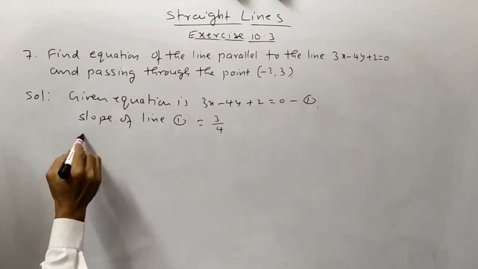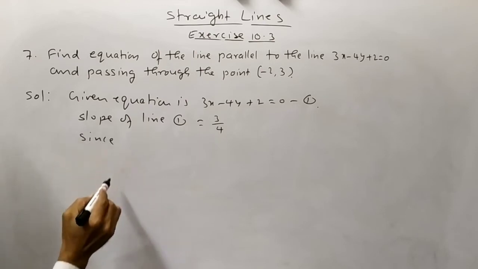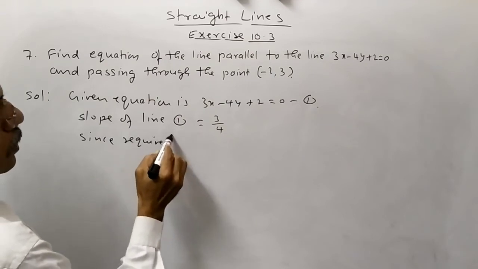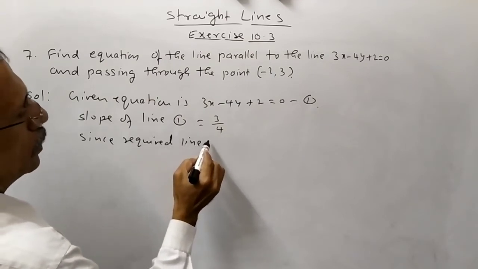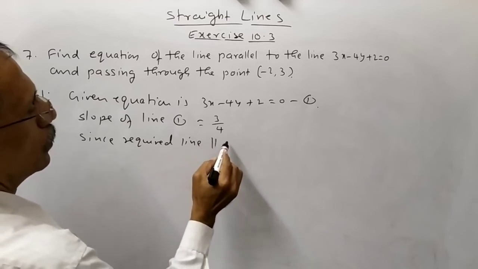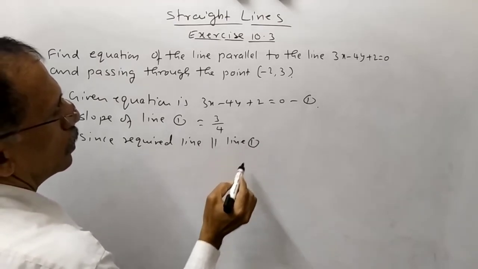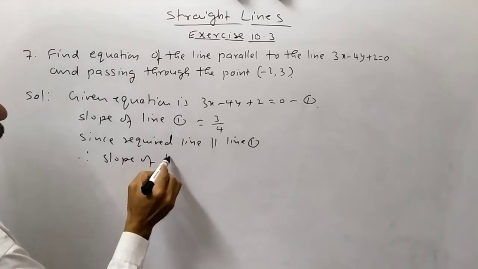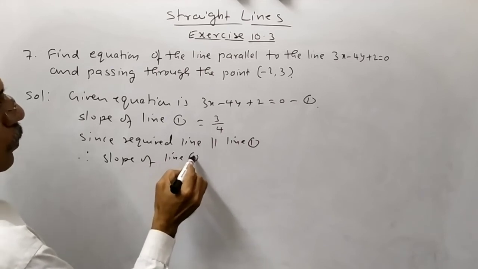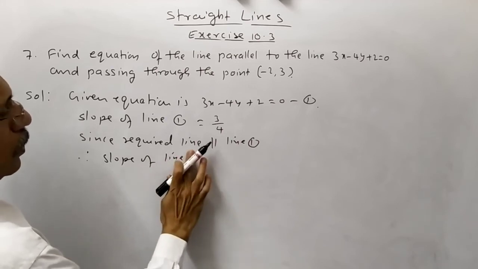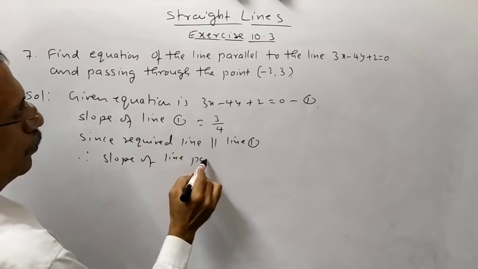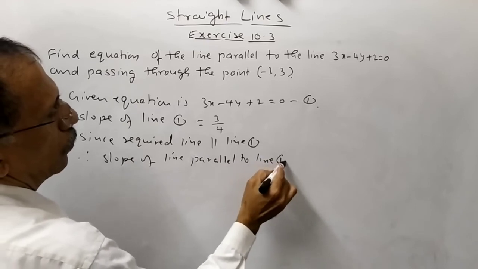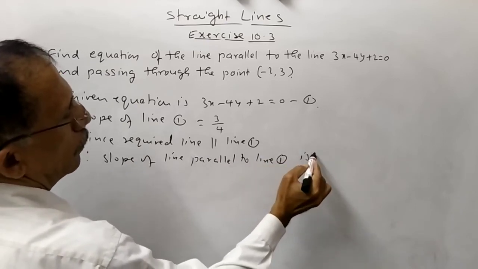Since required line is parallel to line 1, therefore slope of line parallel to line 1 is 3 by 4.